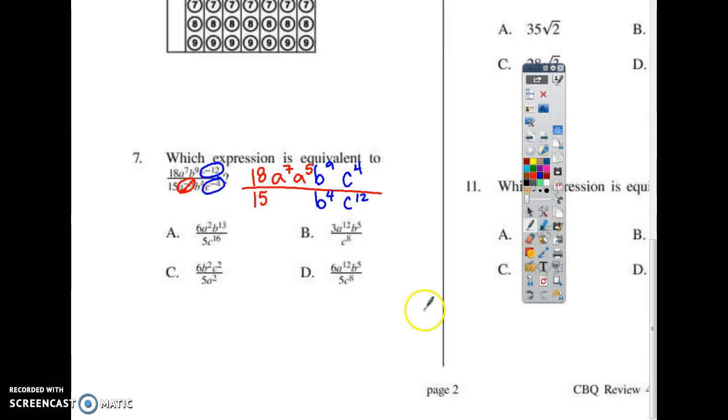Now I can work with this problem. So we're going to have to divide these numbers, math enter, enter. So go ahead and divide 18 and 15 and do math enter, enter with the calculator. 18 dividido por 15, math enter, enter.